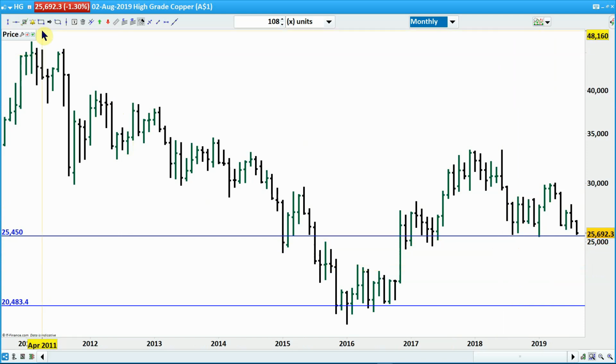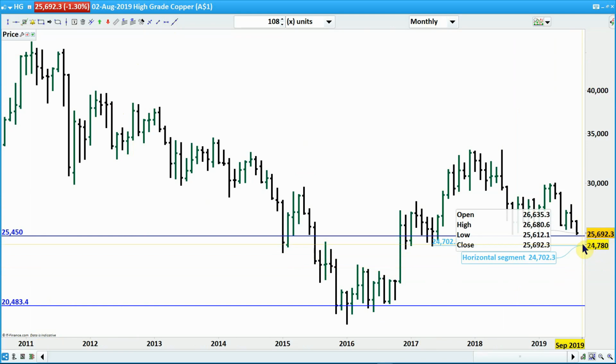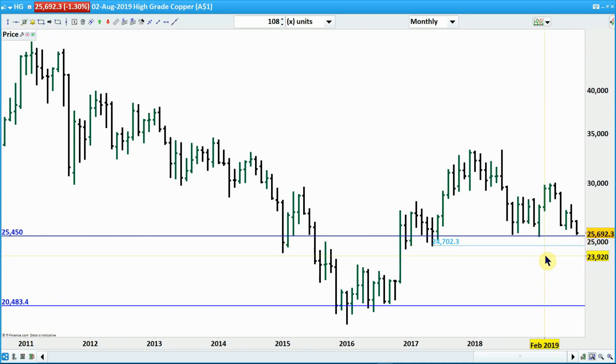25,450. So if copper is like gold, we can see a morning star or any reversal from 24,702, with 25,000 being a whole number, a very good number for a product like copper. So it can have a little bit of crack and snap back at 24,702 before it can start going.